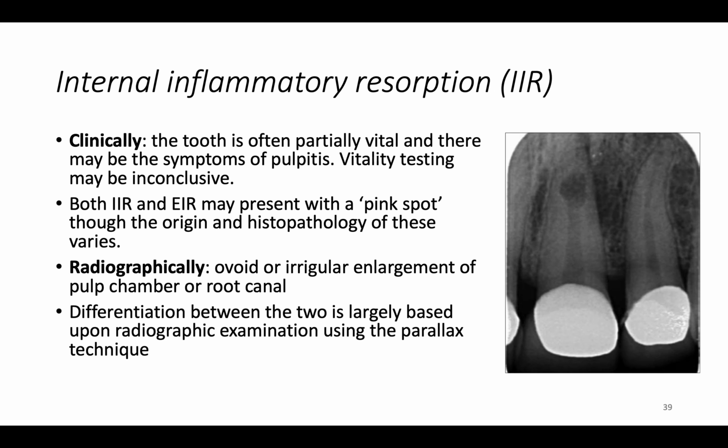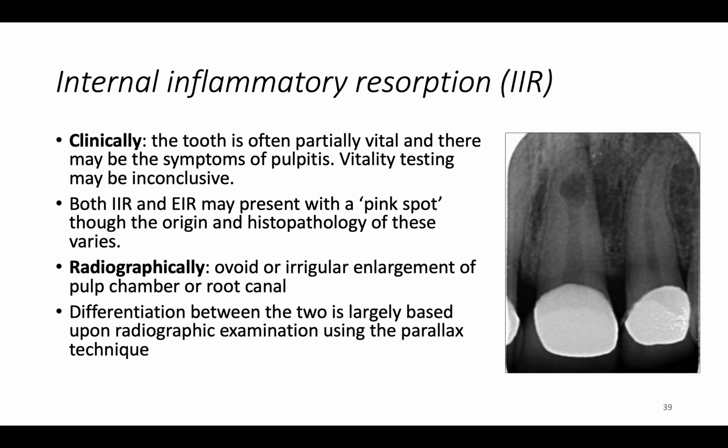The second type of internal root resorption is the internal inflammatory resorption. Clinically, the tooth will be partially vital, and sometimes the patient can complain of symptoms of pulpitis. Vitality testing is inconclusive because the tooth is partially vital and partially necrotic.